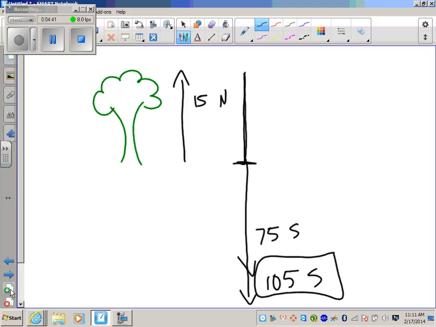You know your directions? North, south, east. Point to the north. Point to the west. South. North. South. East.